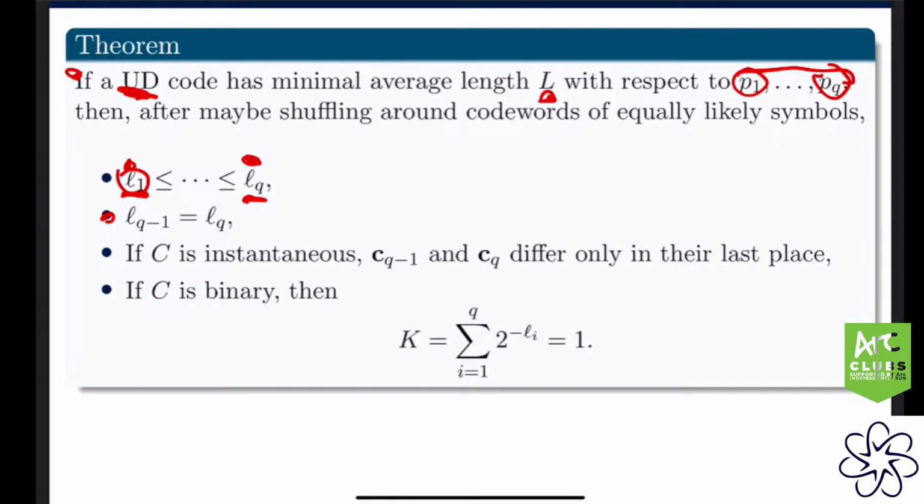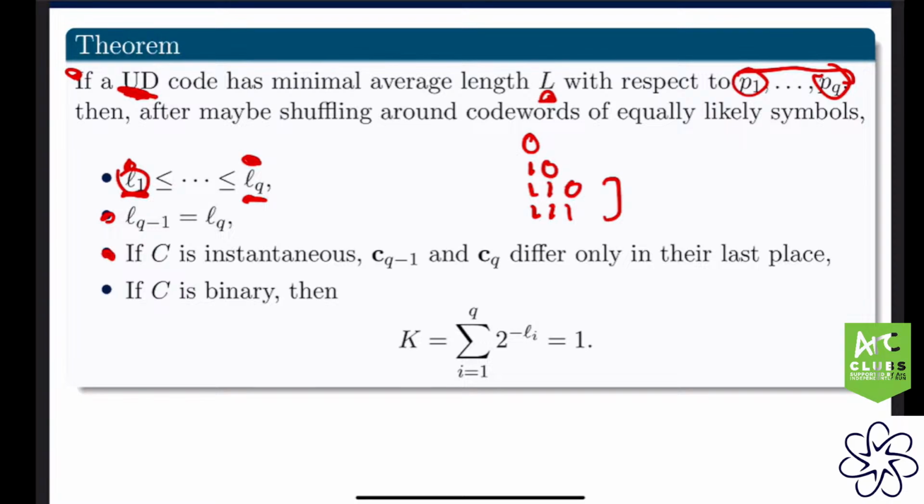We have something else: L_{q-1} equals L_q. That is at least consistent with what we had before. We had 0, 10, 110, 111 as our standard comma code. We see that the length of the last two is the same. You can think of that as: you're always going to be able to look at the last digit and commute it around to all of its possible values in the radix.